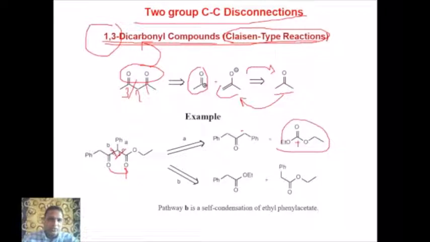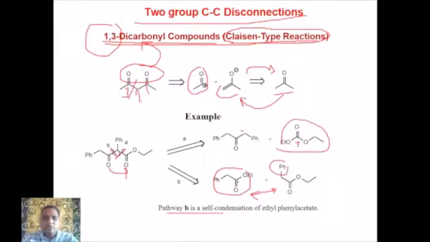So on one side where we have the phenyl group, a phenyl ester can be used as one component, and on the other side again we have the other phenyl group. You see, the other phenyl group. So two esters are reacted together, and we can also get this kind of product. Actually, pathway B is the Claisen condensation.